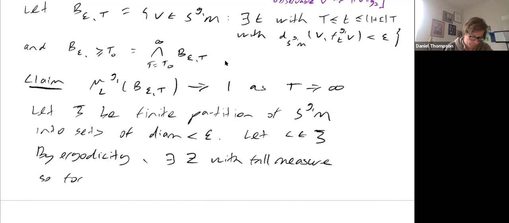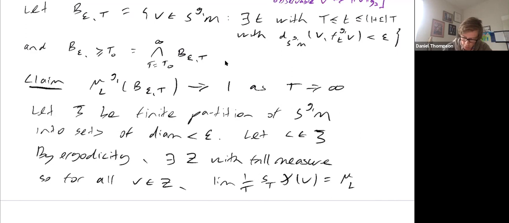So for all V belonging to Z, the limit of 1 over T of S_T chi of V equals the measure of C, right?